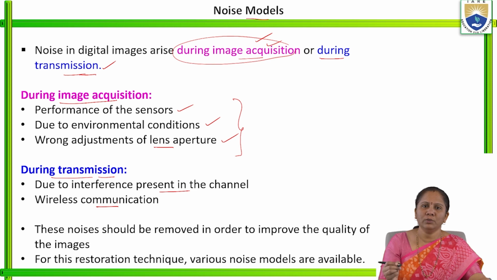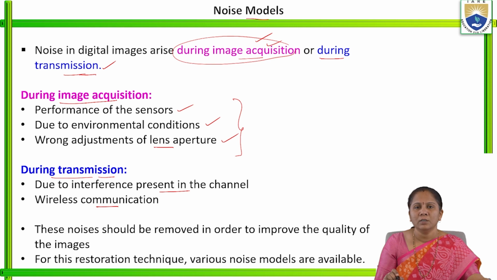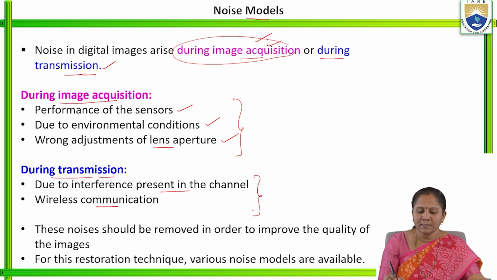So we are going to send the image through the channel which is wireless. So in that channel also, while sending, there is a chance of adding noise to the images. So due to these reasons, the noise may be included in the digital images during transmission.